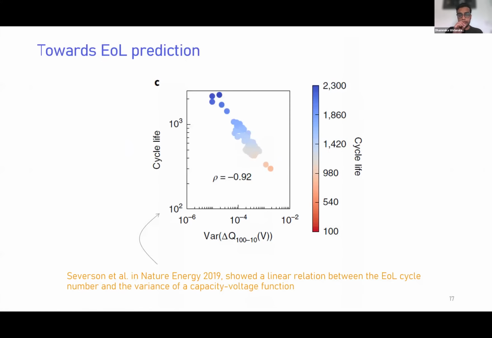And the second method is motivated from this Severson paper with some really nice results they've done in Nature Energy 2019. What was quite nice in their work is that they demonstrated this linear relationship between end of life, so the number of cycles to 80%, I think it was 80%, with relation to this capacity voltage function.